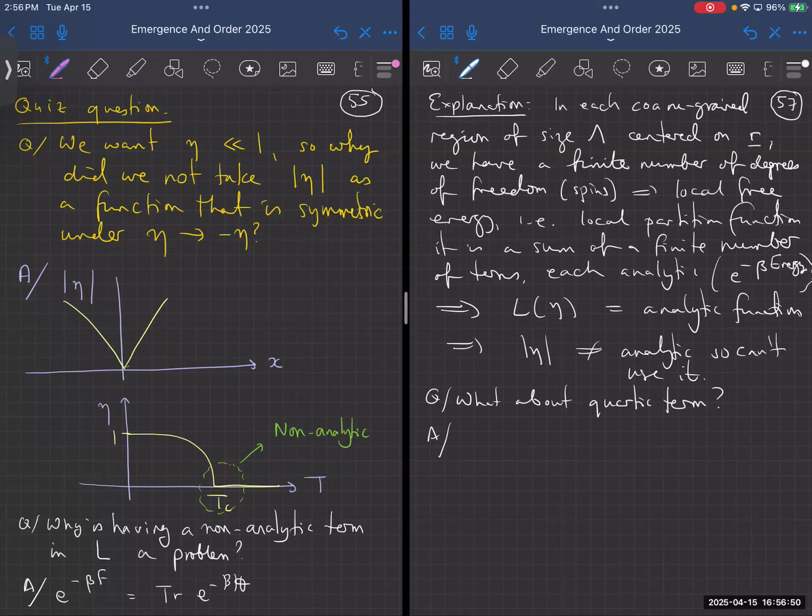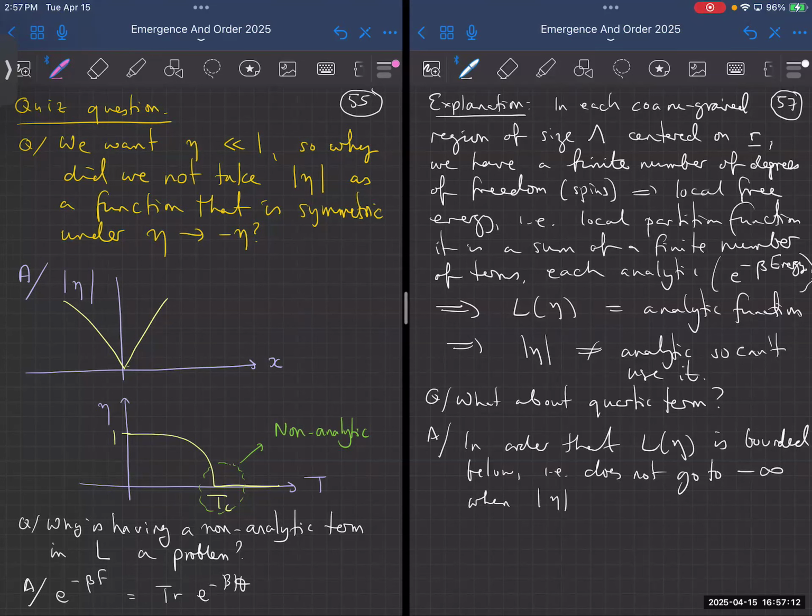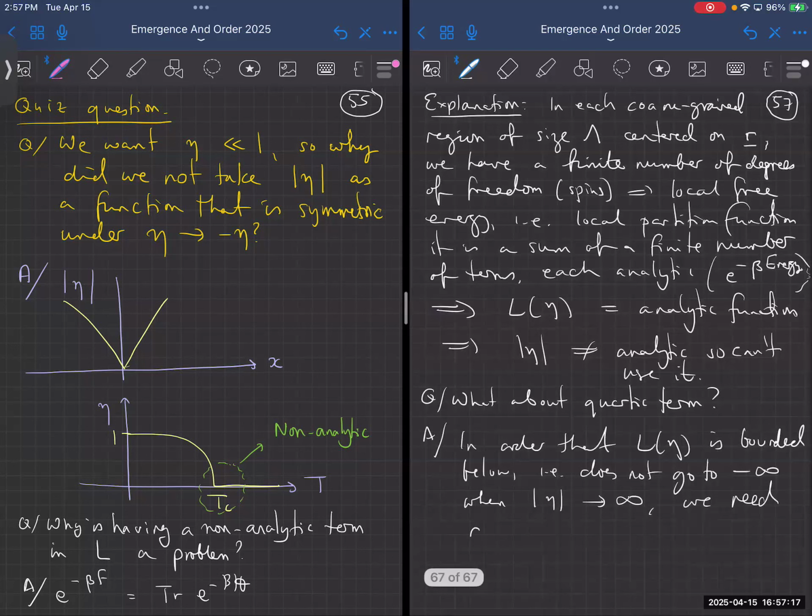So in order that L of eta is bounded below, i.e. does not go to minus infinity when the absolute value of eta goes to infinity, we need the quartic term A4 to be greater than 0. Because we don't want eta equals infinity to be a solution.